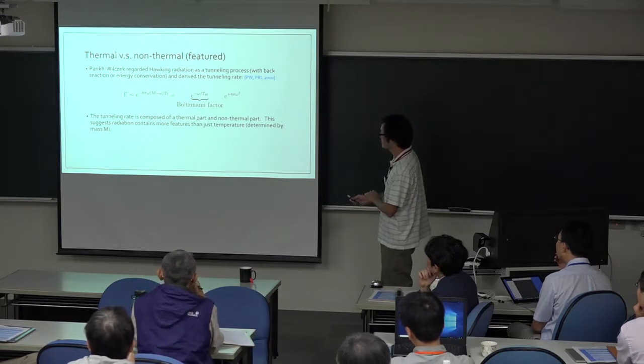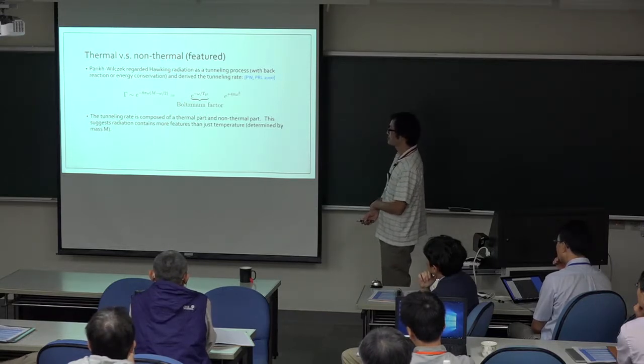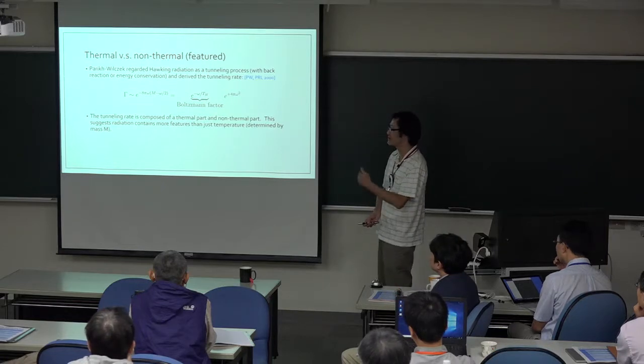So this is a feature. I will call it, in this talk and in many other talks, featured emission or featured radiation, meaning the radiation has some feature other than the thermal.